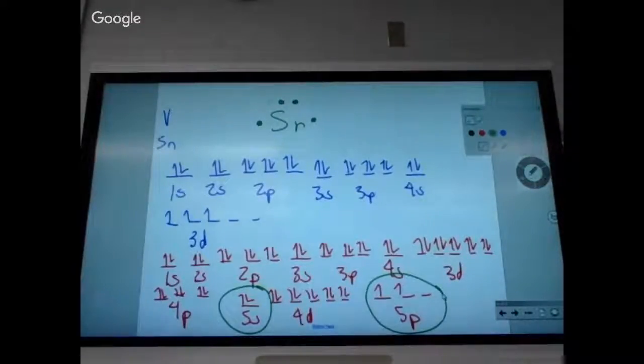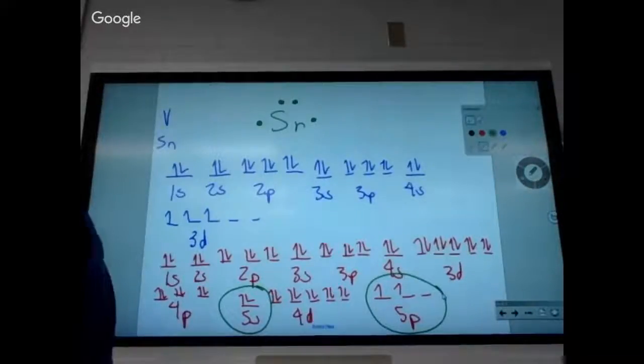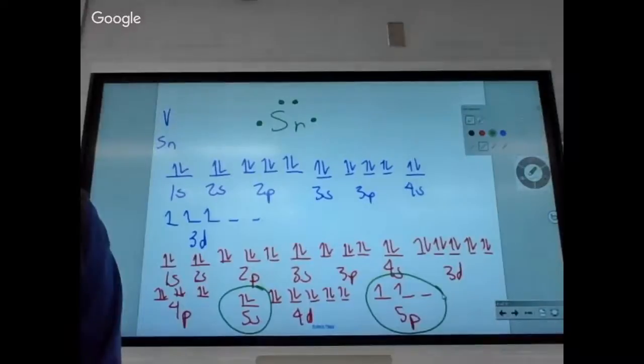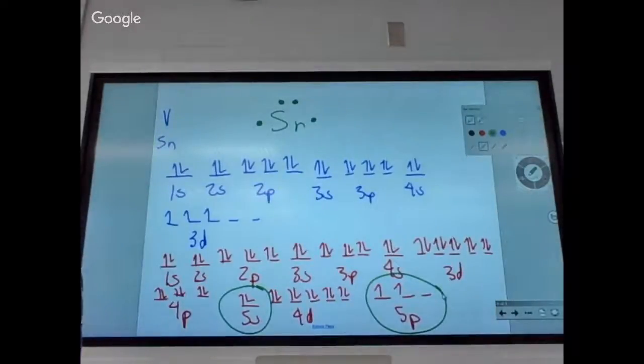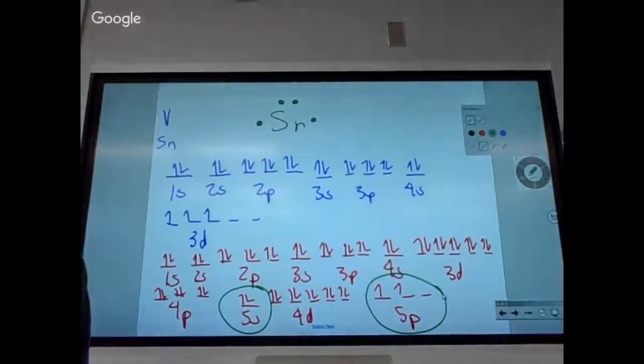What else is on the quiz? 2 orbital notations, 2 electron configurations, 2 dot diagrams, 2 shorthands.